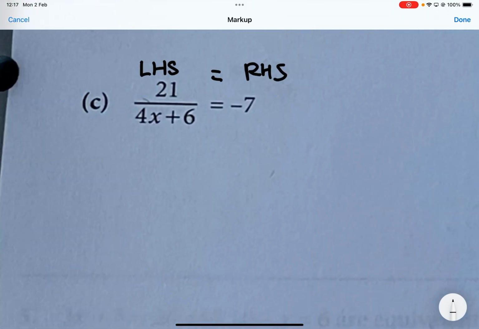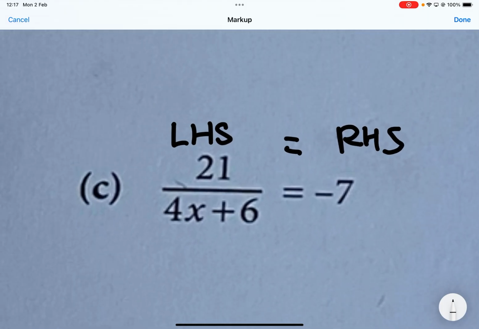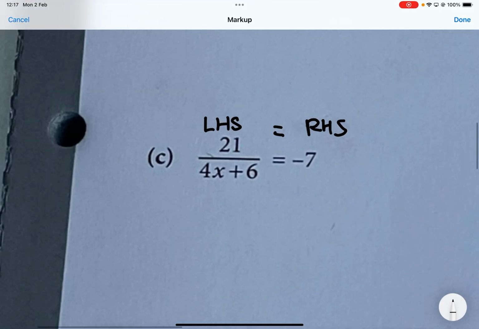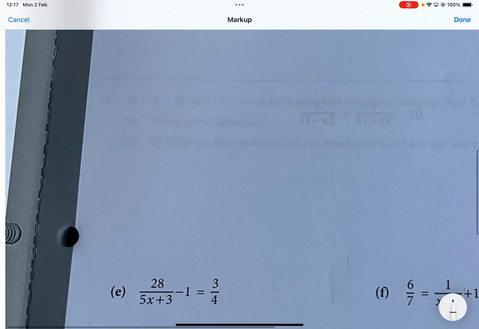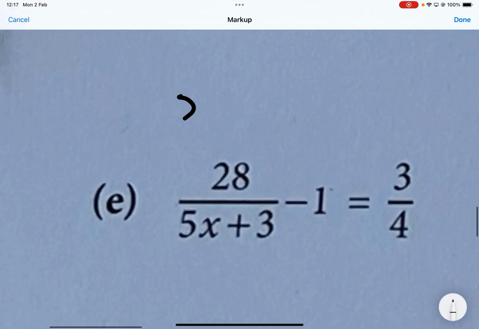Solving this equation means you want to find out the value of x, the value that will balance, that will really make your left and the right the same. So if they are asking you what is x, definitely your final answer is going to be x equals what? That is the whole idea behind solving.